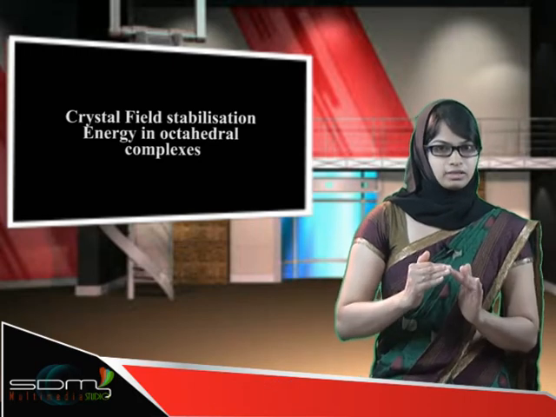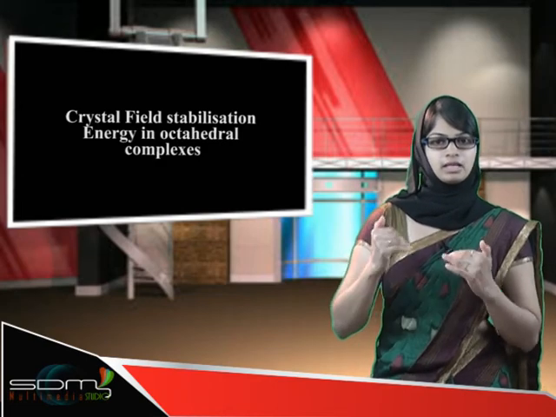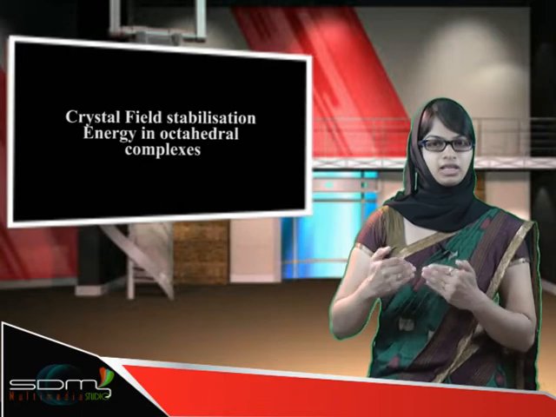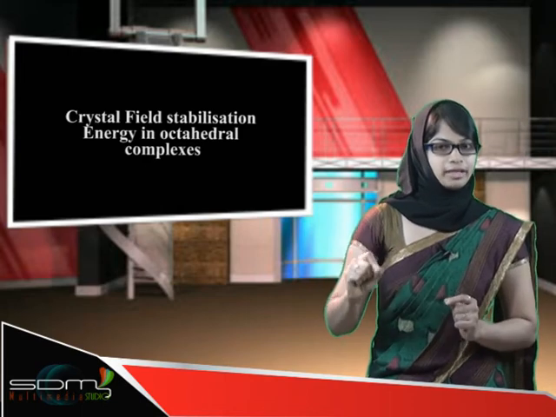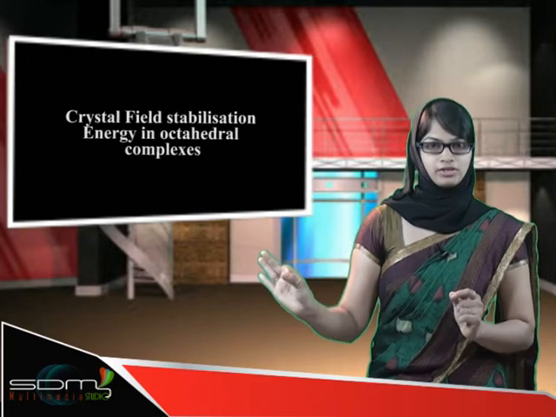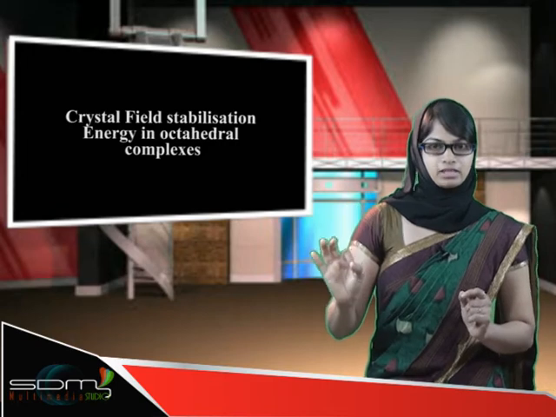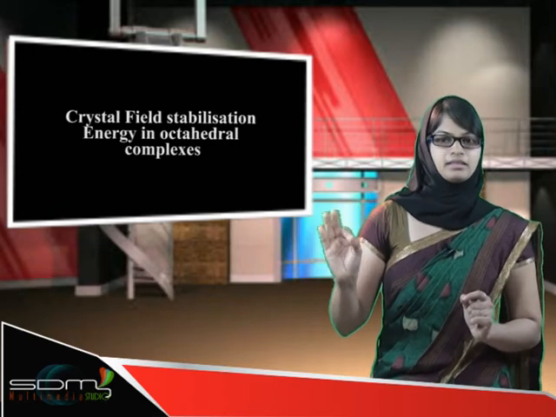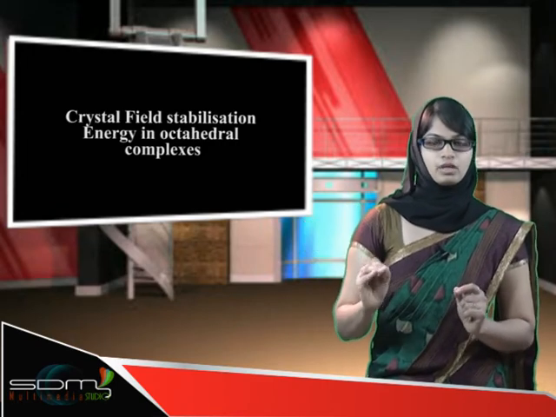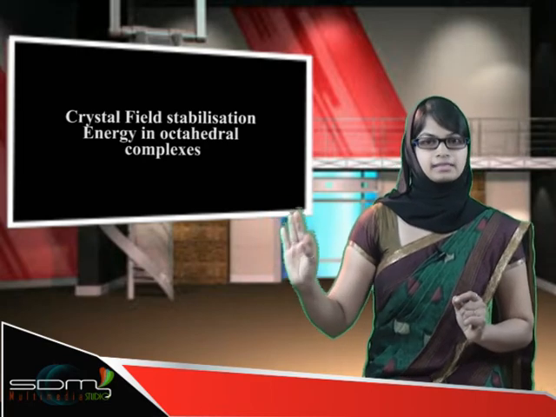We can recall that the t2g orbitals, that is dxy, dyz and dzx, take either minus 0.4 delta O or minus 4 Dq energy, and the eg orbitals, that is dx square y square and dz square orbitals, take the energy of plus 0.6 delta O or 6 Dq.